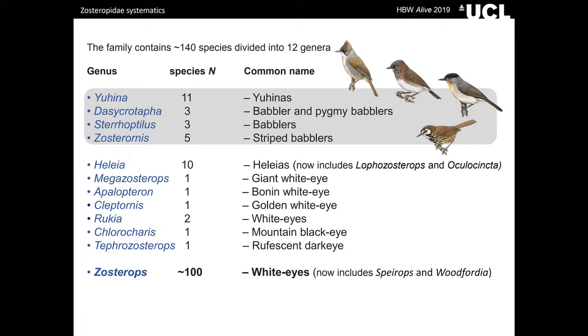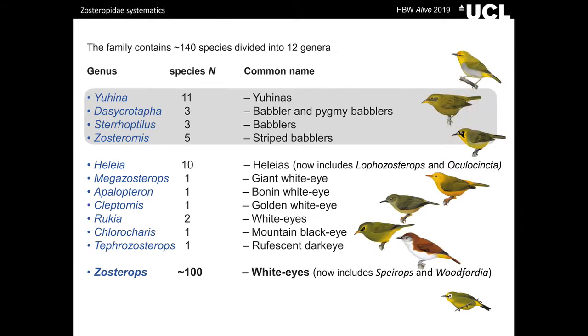Quite a few of them are just monotypic, a single species in those genera. Interestingly, I note that the yuhinas and the babblers, illustrated in these beautiful paintings from Birds of the World, are now placed within the Zosteropidae, okay?